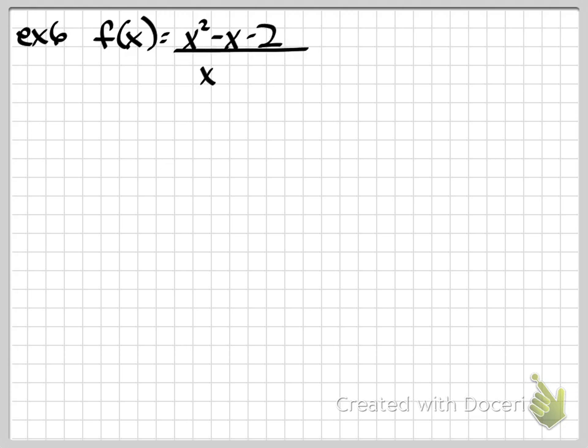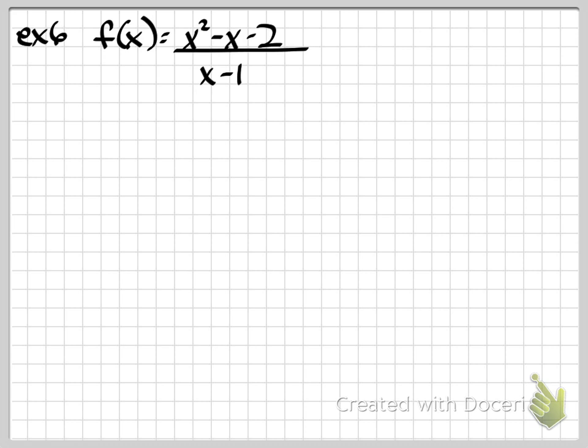Let's do example 6. f(x) equals (x squared minus x minus 2) over (x minus 1).